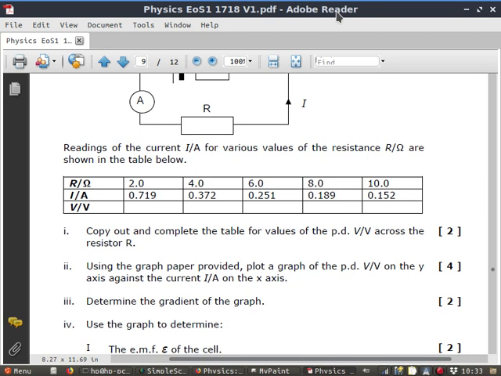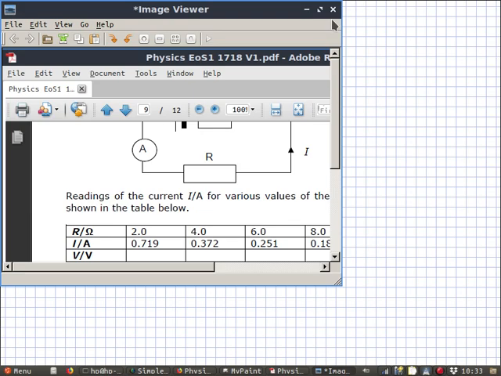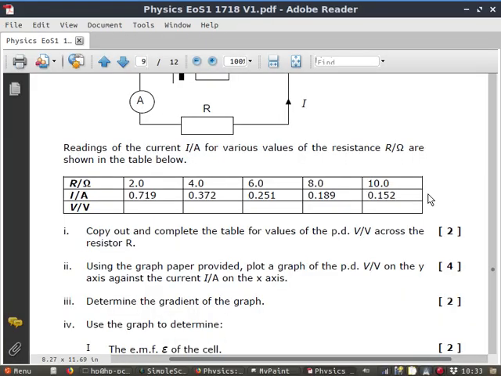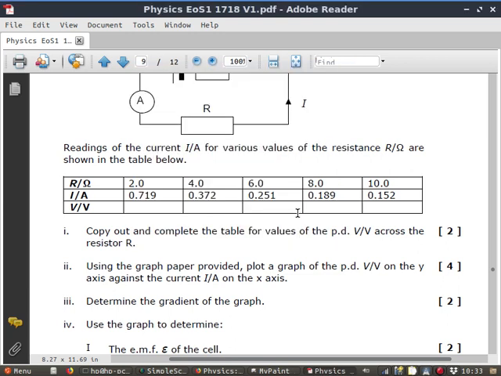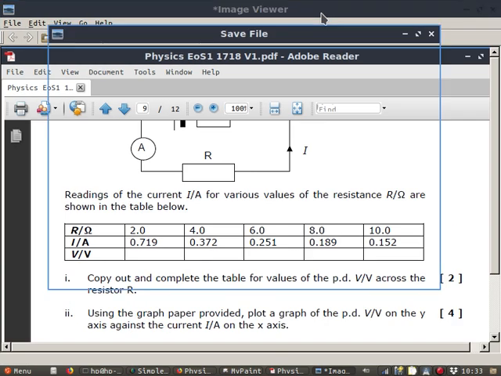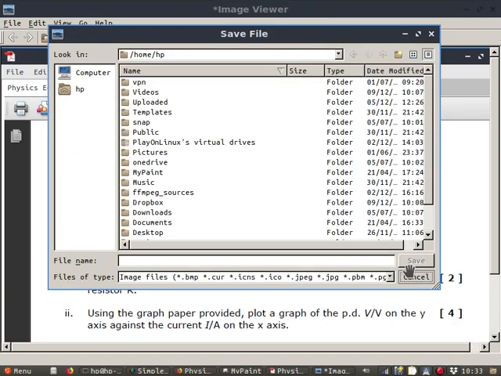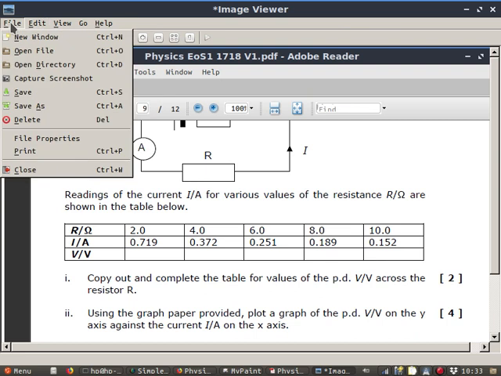Oh no, that didn't quite work. Let me try again. Print screen. Whole screen. Paste. No. Hang on. Okay. Print screen. Whole screen. Copy to clipboard. Where's copy to clipboard? Edit.